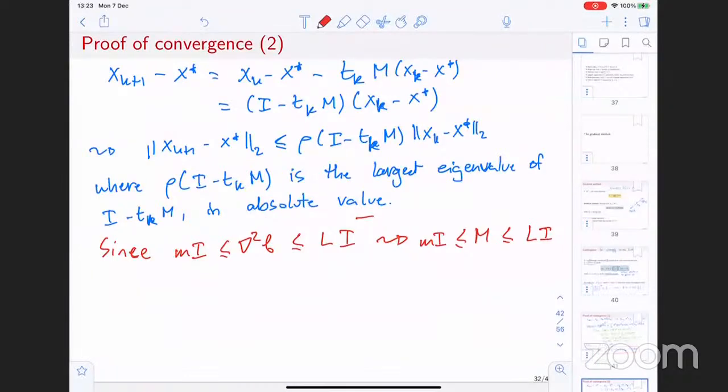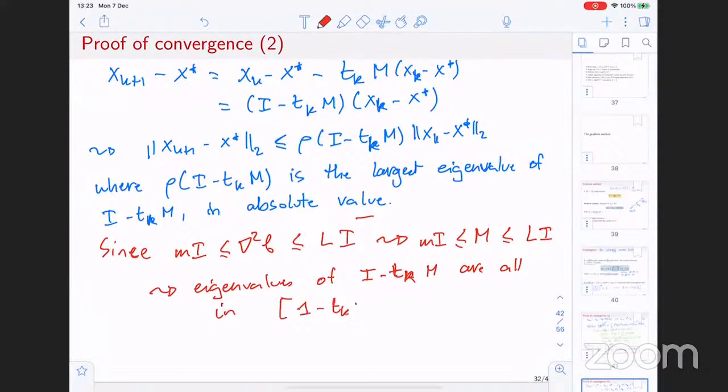But this in turn implies that the eigenvalues of I minus t_k M are all in the interval 1 minus t_k L and 1 minus t_k m, because when you add identity to a certain matrix, you just shift the eigenvalues by 1.